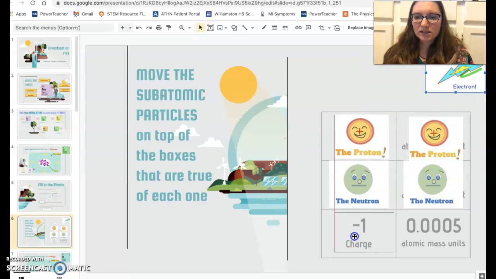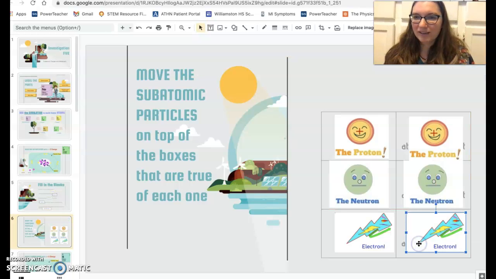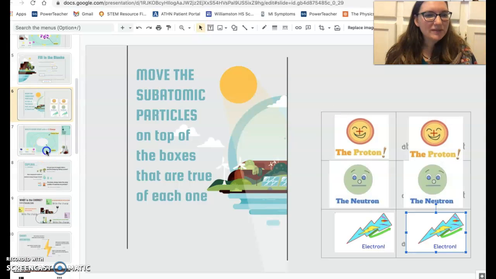And electrons have a -1 charge. They're super tiny. They are about 5/10,000ths the size of a proton. But we'll write it as like 1,000th of the mass of a proton.